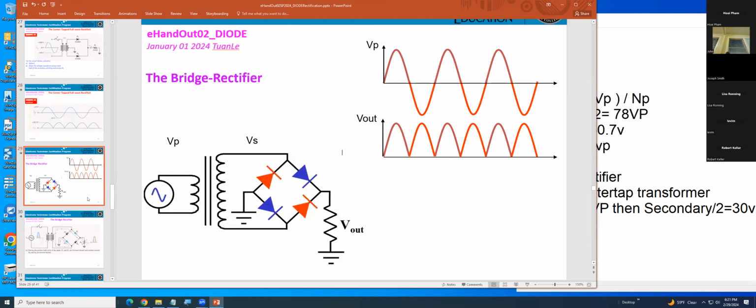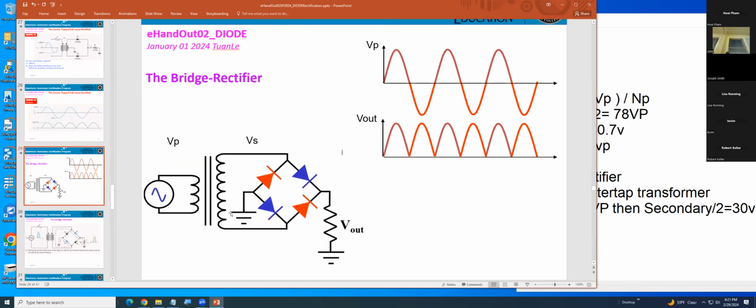Okay, now same thing. That's what they call a bridge rectifier. They're using 4 diodes. However, the transformer is normal, not center tap.